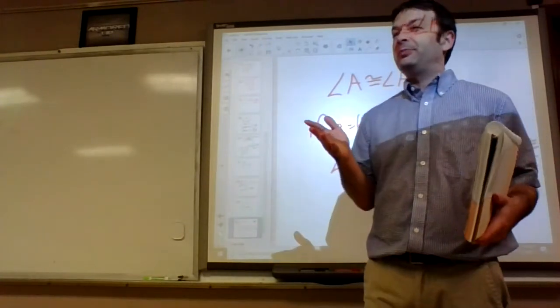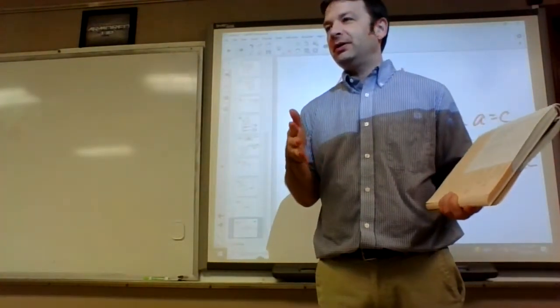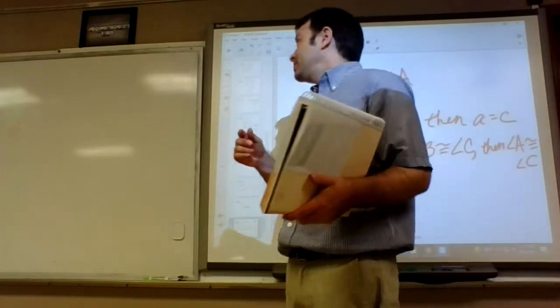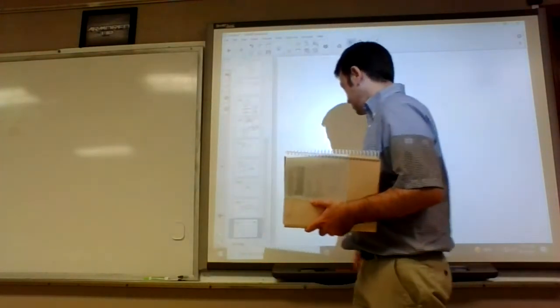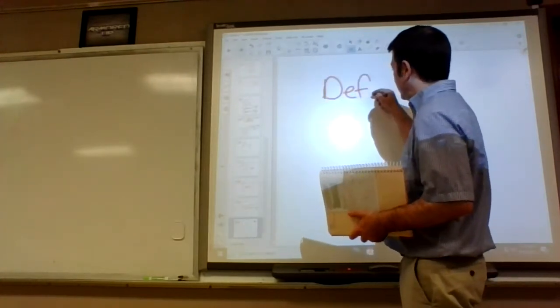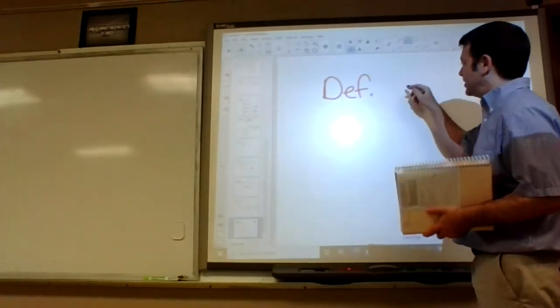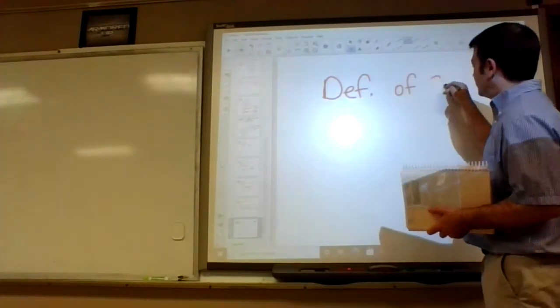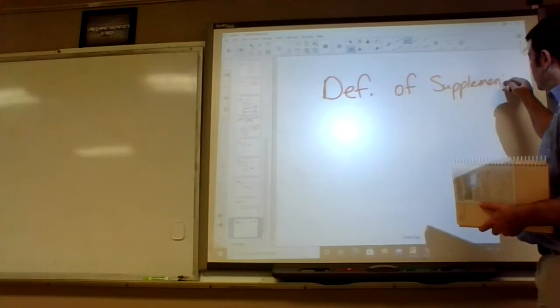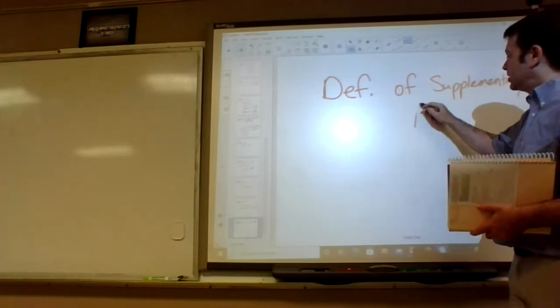Because that's what supplementary angles means, right? So what we're going to put is definition of supplementary angles. We know they have to add up to 180 because that's what supplementary means.